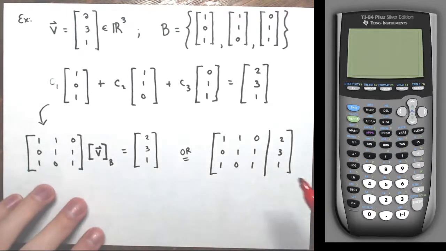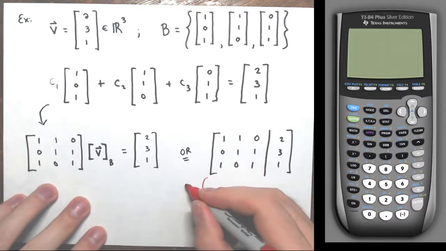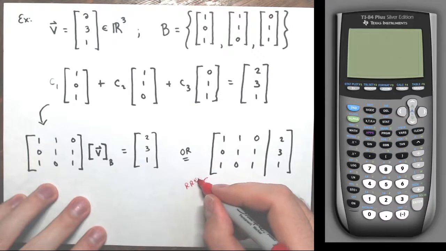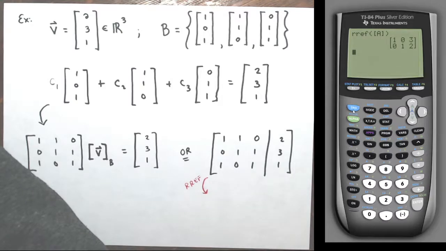Now the way we're used to is this one, and I could pretty easily put this in reduced echelon form. And again, I'm going to go to the calculator. Put this in reduced row echelon form. So that's a 3 by 4 matrix, and they're all ones there. I should be able to do this by hand, but don't feel like it.